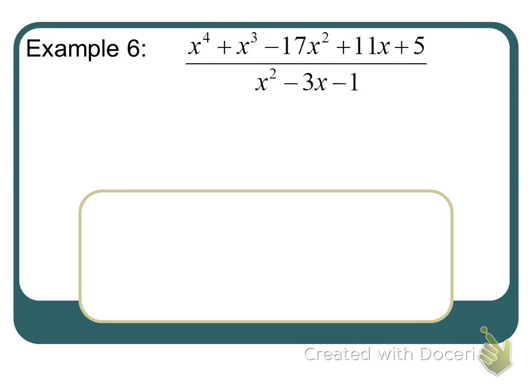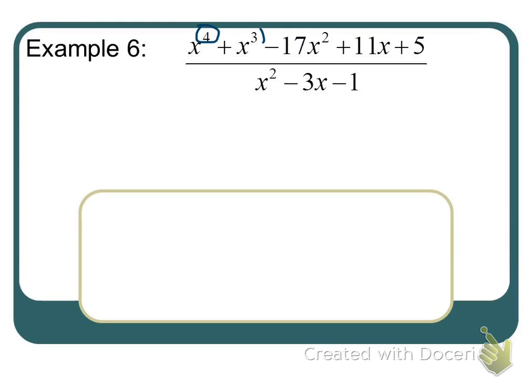X to the fourth plus x cubed minus 17x squared plus 11x plus 5. And this time we're dividing by a trinomial instead of a binomial. Now, in this case, guys, this is one of those things where you have to be careful. This example doesn't do this, but some of your homework problems will. If we're missing a power of x in the numerator, we need it.